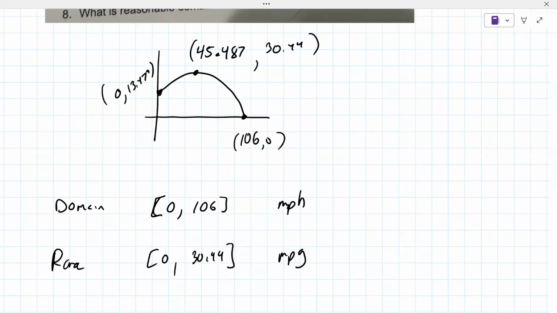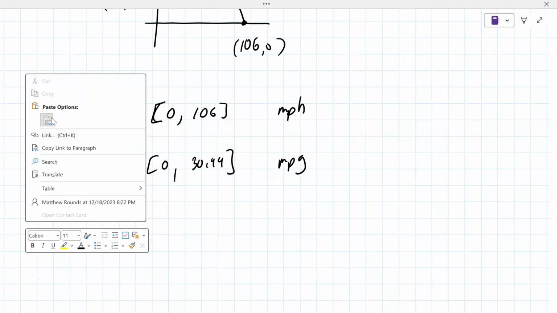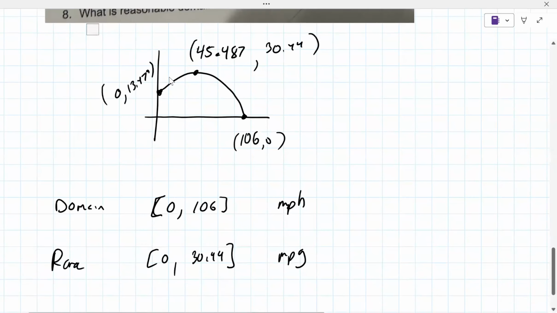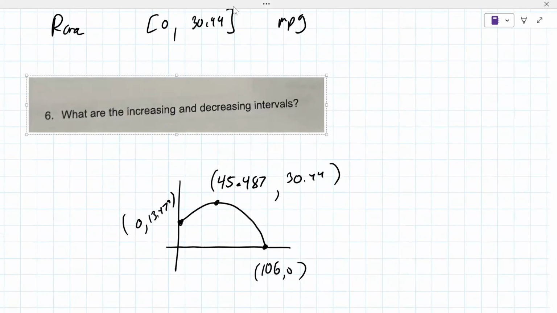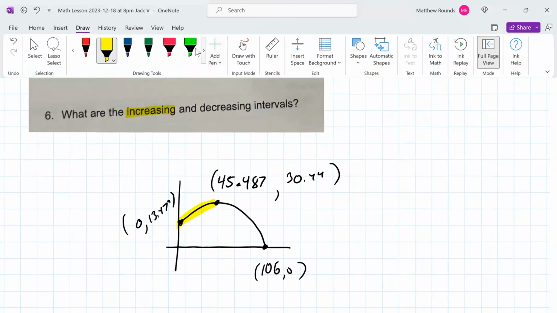All right, now we can go back and do 6. We needed this information to do 6. So I'm going to grab this graph here. It's increasing when it's going up and to the right. It's decreasing when it's going down and to the right.